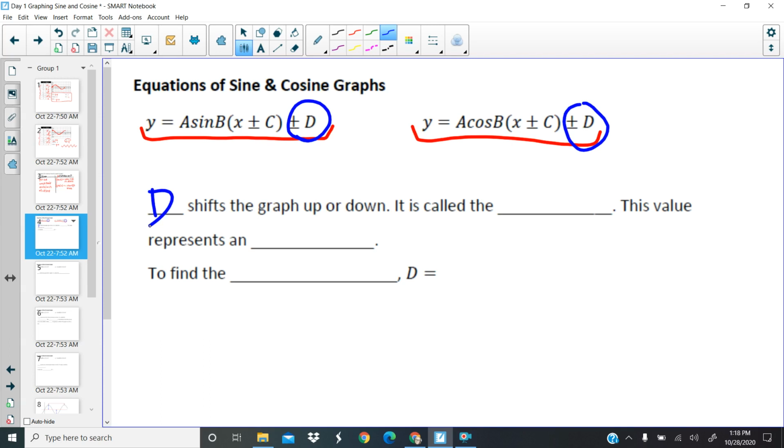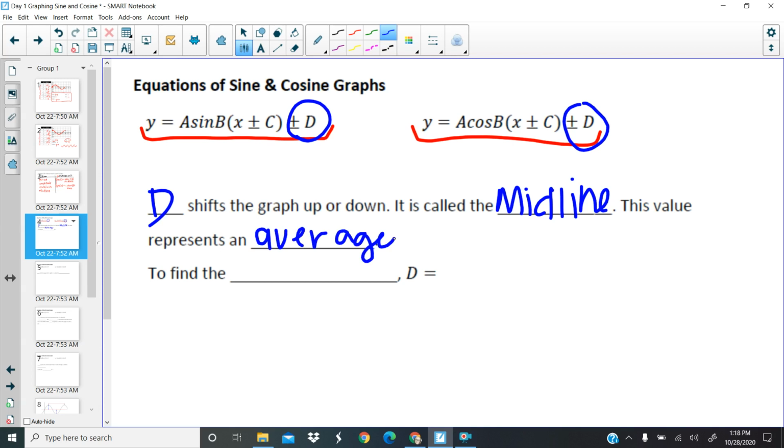And so what D is actually going to represent is the midline of that graph. And the midline is always going to represent the average value of the graph, because no matter how many times you go up and down, it's always going to average out right there in that middle area.